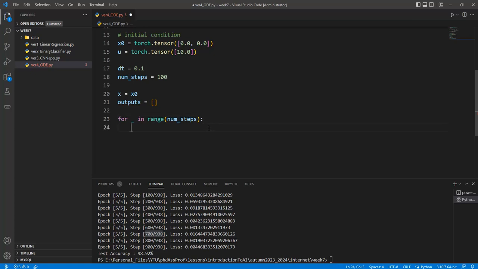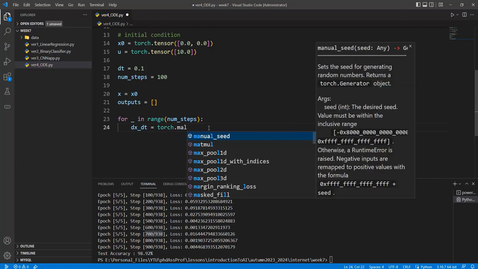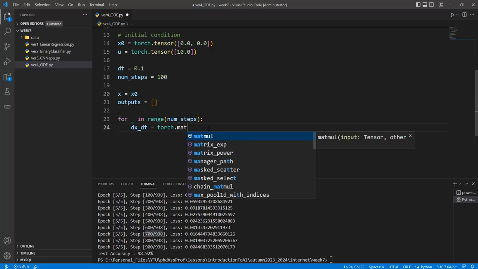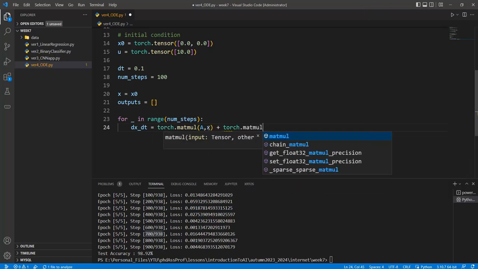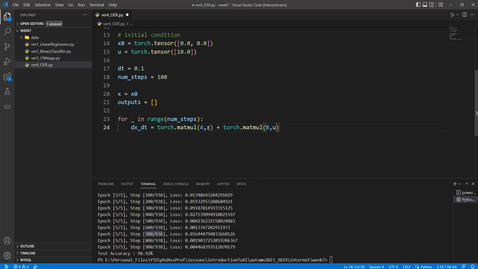Just like that. So firstly, dx dt, the state space forward equation, can be created with torch.matmul, matrix multiplication of A and x, plus torch.matmul of B times u, right? This is the system dynamics equation.